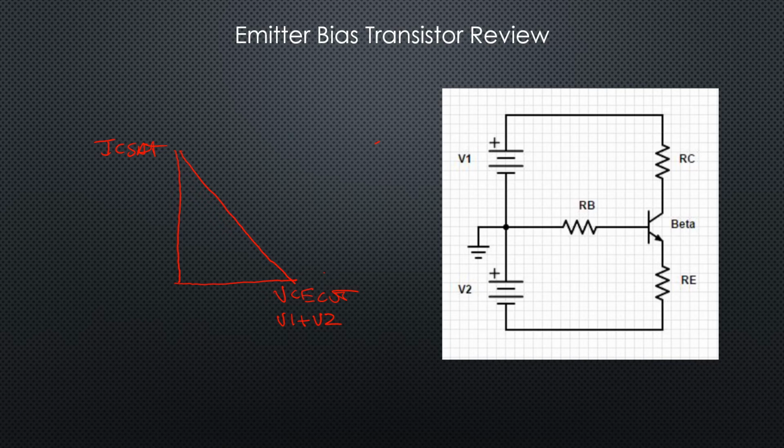So we're imagining that the transistor is shorted. And I know my Q point here: VCE, comma, IC.